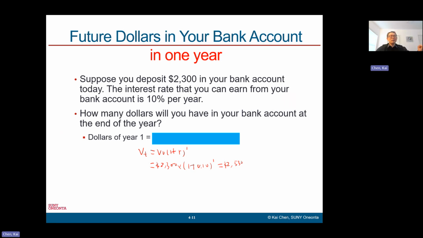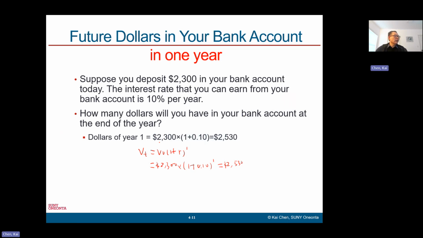Because this is your investment opportunity, and you expect to receive $2,530, then the future value of today's $2,300 1 year from now is $2,530. Now let's look at a 2-year investment process.